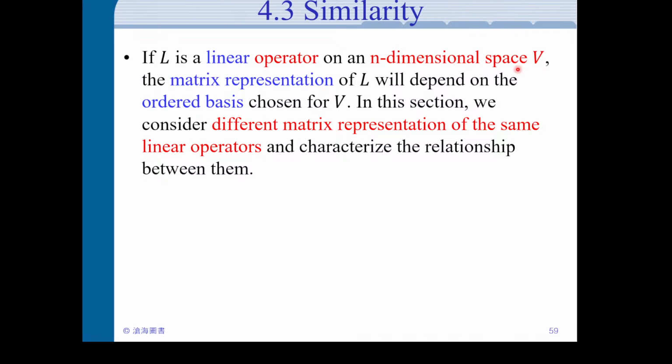So we have some n-dimensional space V, and we map back to V by this L. We can have some matrix representation of L, and this matrix representation now depends on just one basis, because we are back to this space V. So we want an ordered basis chosen for V, and different ordered bases will give different matrix representations.